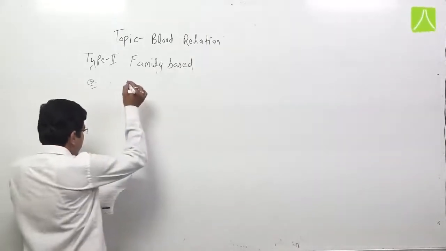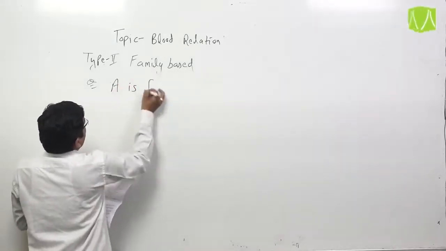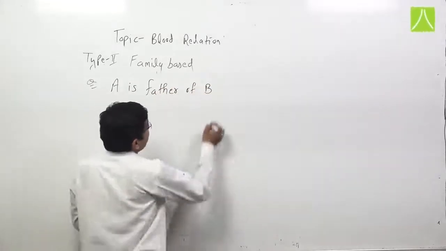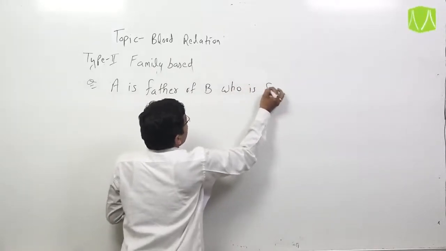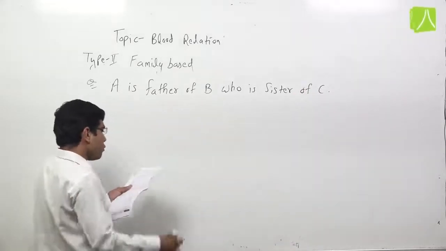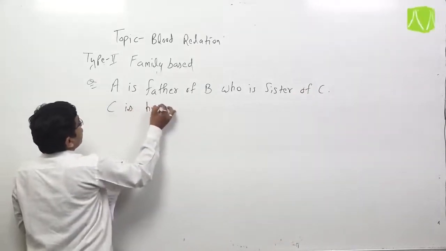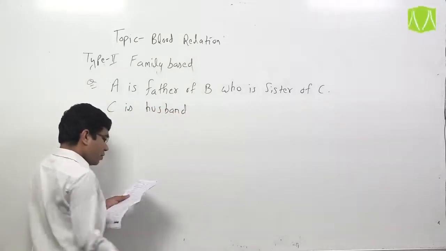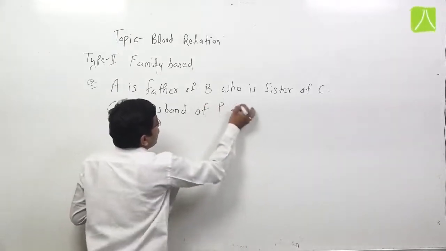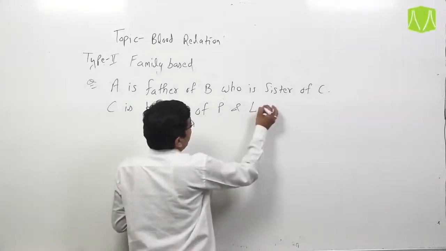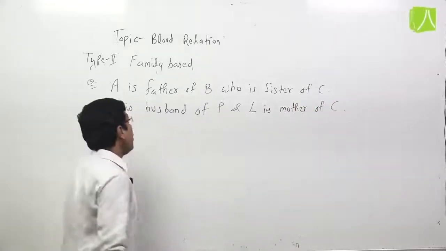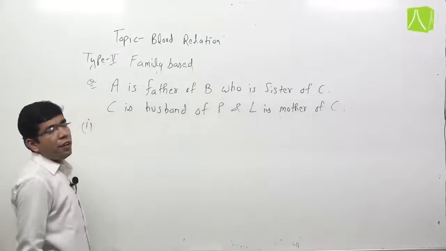Question is, A is father of B, who is sister of C. C is husband of P, and L is mother of C. Now, based on this information, we have to answer 3 questions.